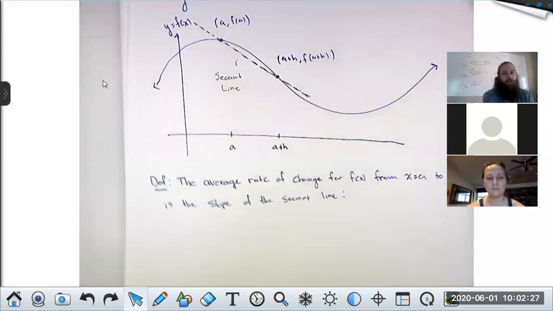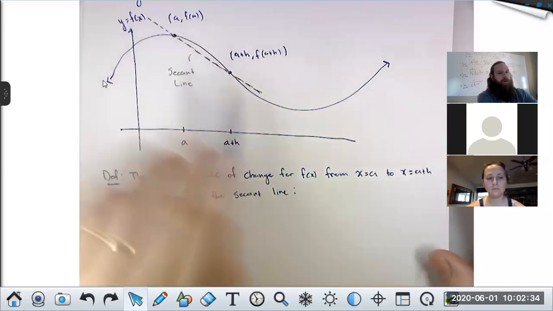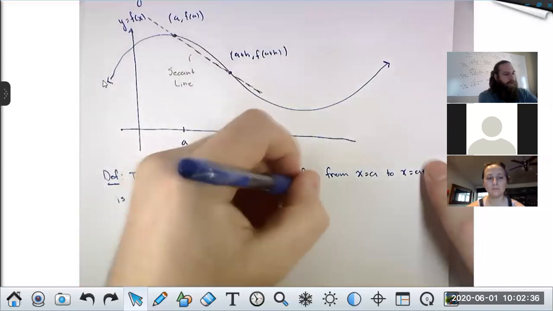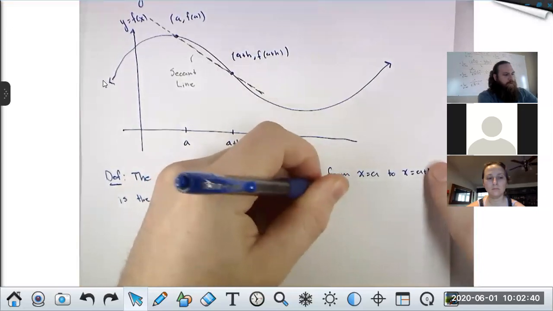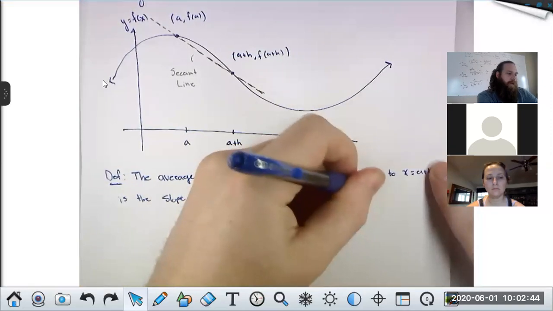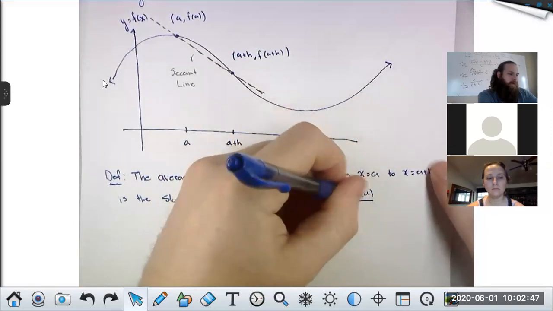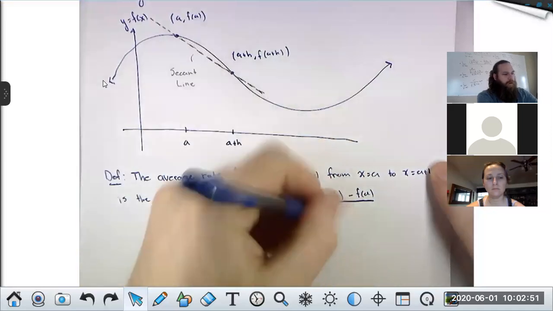And what is that slope? Well, we take the rise over the run. So I'll take the difference of y values and divide it by the difference of x values. That's f of a plus h minus f of a divided by a plus h minus a.